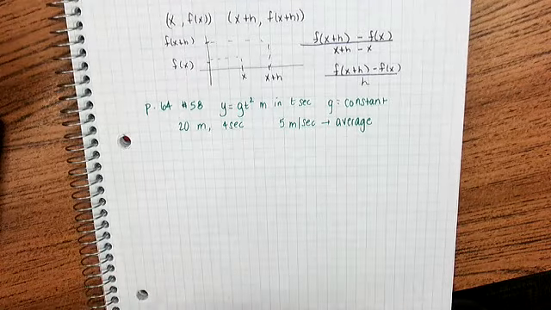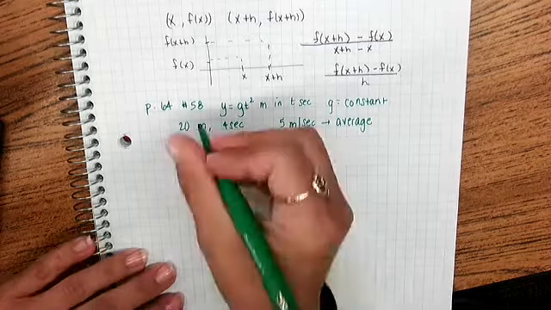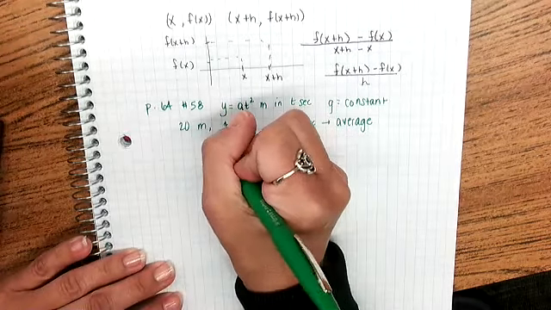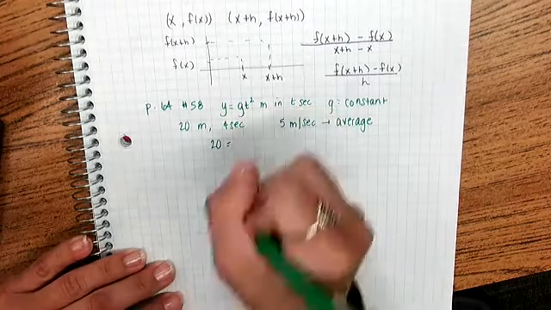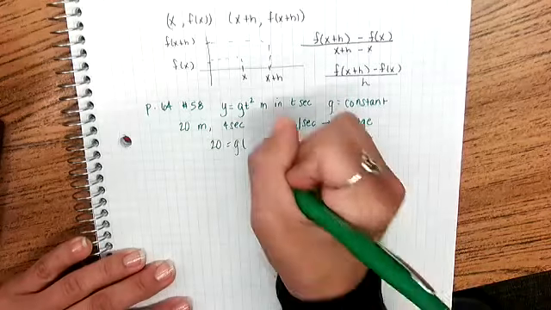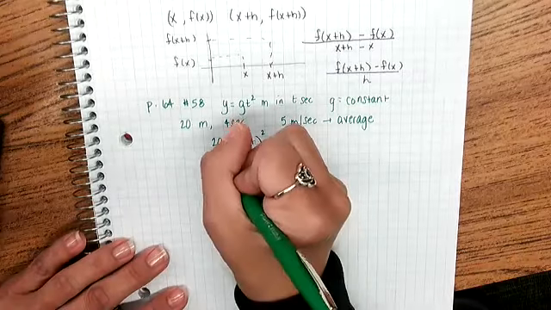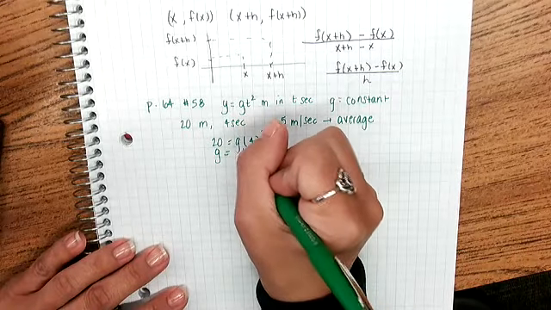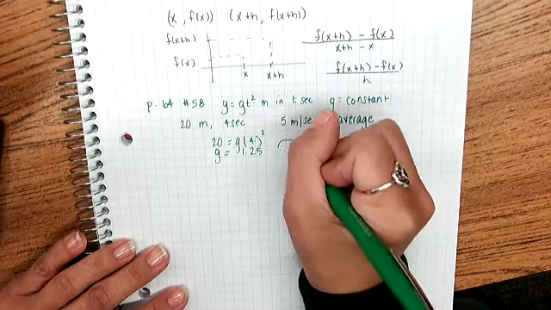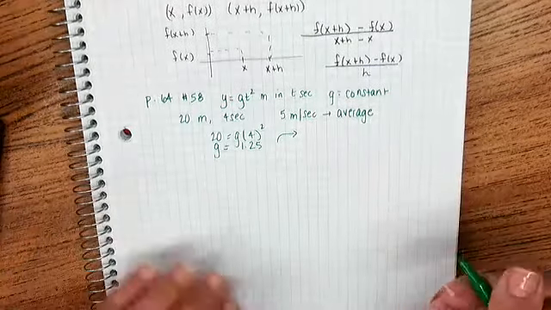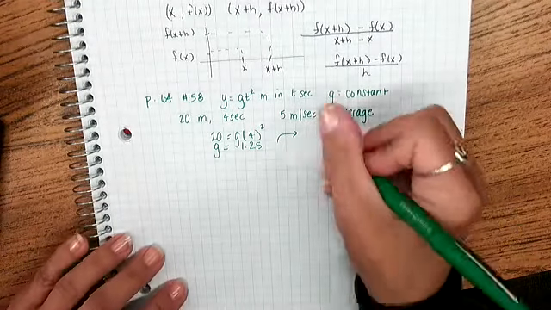Let's find out what G is. That's probably going to become pretty important. So we have 20 equals G times 4 squared. So G is going to be, I'm going to use a decimal, 1.25. I prefer the fractions, but for the word problems, I'm going to use decimals.